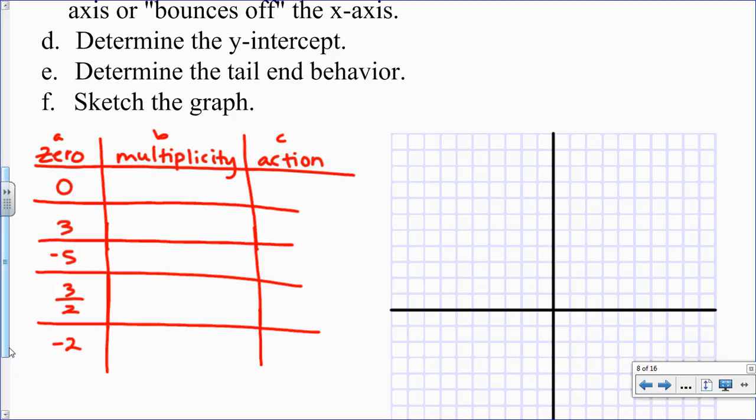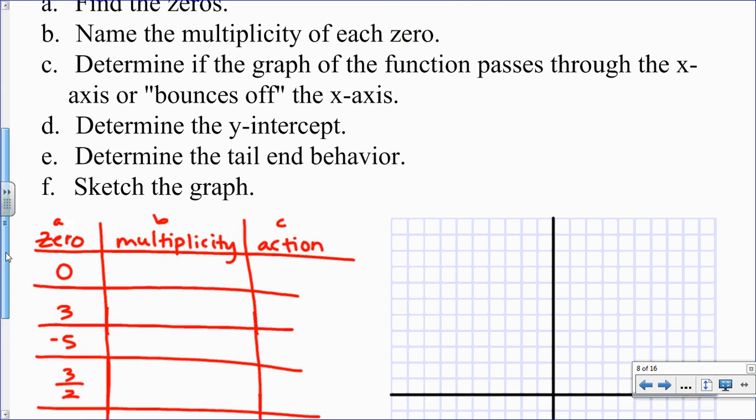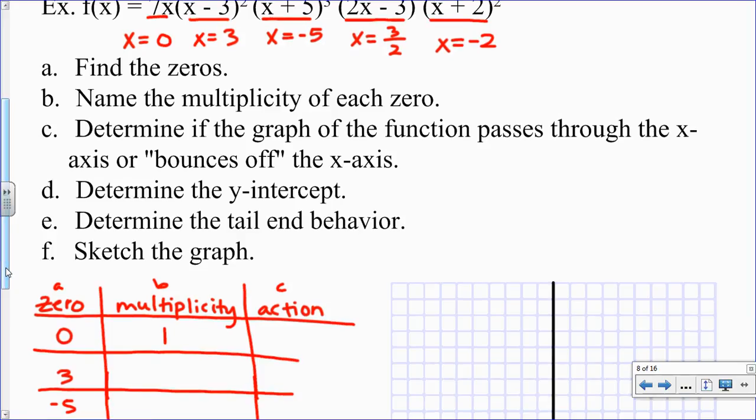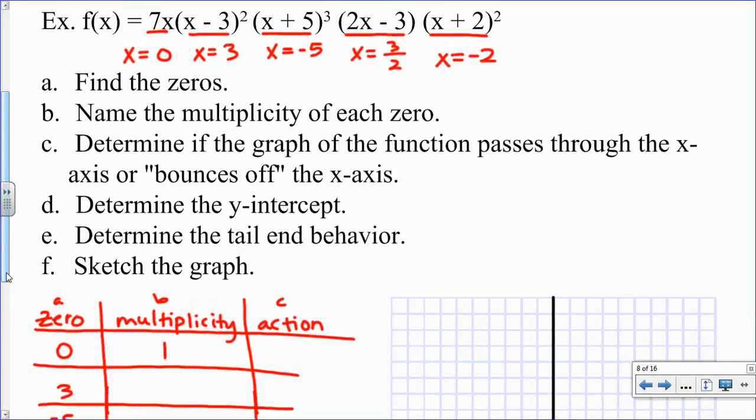Okay, so the exponent outside of the zero is the multiplicity. Okay, so for my first one, 7x, well, I don't see an exponent there, so that means that the exponent is just 1. The multiplicity is 1. Okay, for 3, what's the multiplicity?